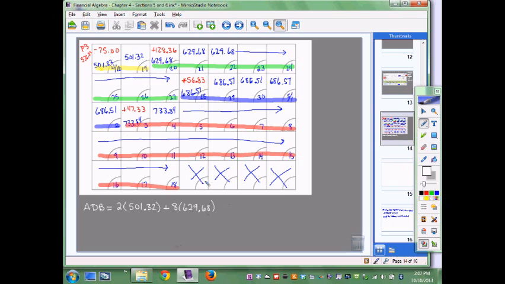And then 1, 2, 3, 4, 5 days that it's 686.51. And then 16 days that it's 733.84. And we're going to take all of that and then divide it by 31 days, because our billing cycle is 31 days.